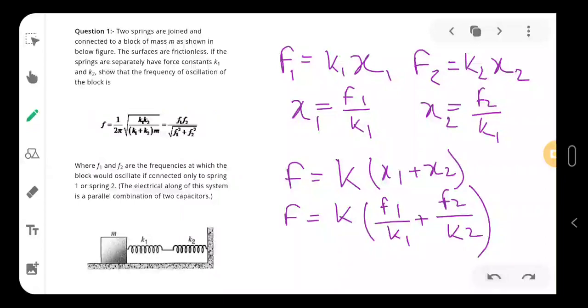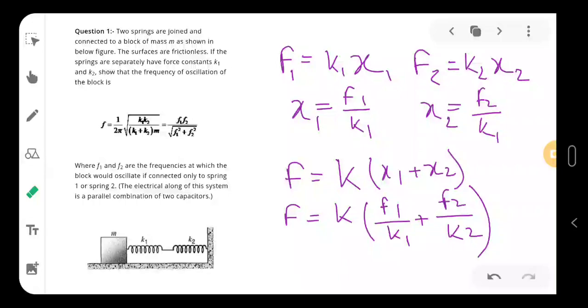First I have to find out the equivalent k itself. Okay, acha, from here we can do it, but the problem is from here I cannot directly come to f, because we know that k is linked with omega, because omega is root over k by m. So first of all I have to find out the equivalent k itself.